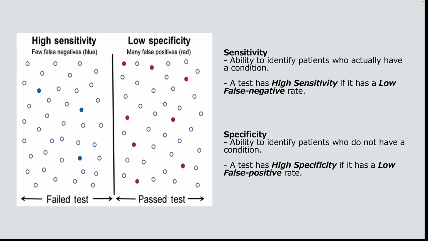And a test that is very good with specificity has a very low false positive rate, not incorrectly causing someone to show up as positive who's not really positive. So when we do tests, we want to have good sensitivity and good specificity, because that gives us confidence that the test we're running is a good match for what we're assessing.